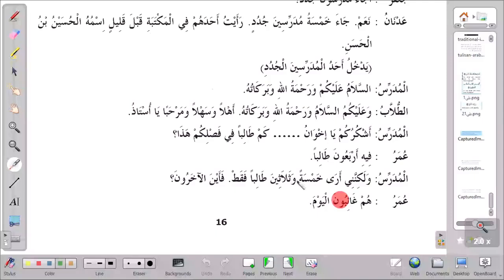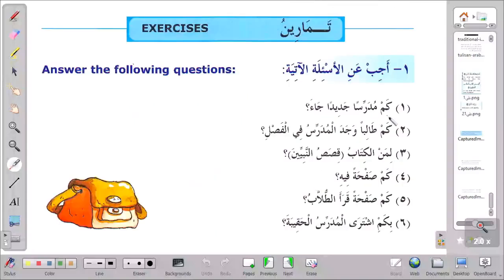Okay, I think it is here: 35 طالبا فقط. That's 35. So he saw 35 of them. So رأى 35 طالبا فقط في الفصل. That's the answer for this one.